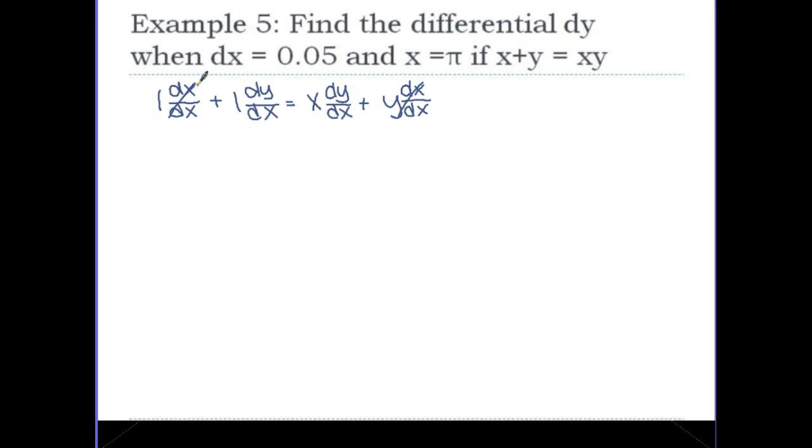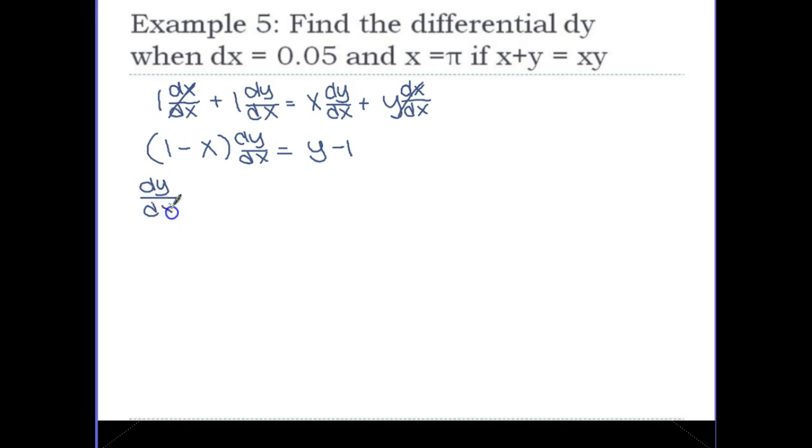You got to get dy dx's together. So I'll make it 1 minus x dy dx equals y minus 1. Everybody okay so far? So then we want the dx's and the 1 minus x on the same side.